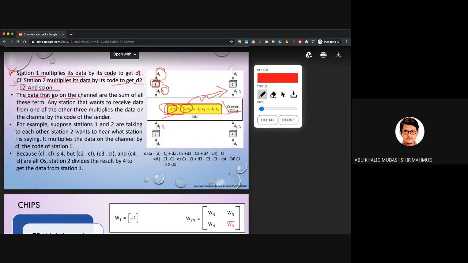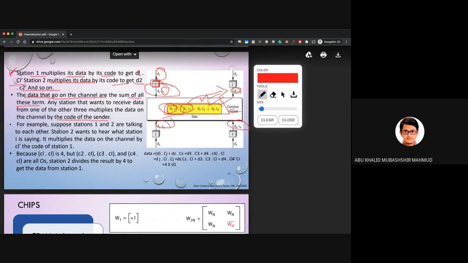The data that go on the channel are the sum of all these terms: D1 C1 plus D2 C2, D3 C3, and D4 C4, passed on the common channel. Any station that wants to receive data from one of the other three multiplies the data on the channel by the code of the sender. This is how it cancels the code word and gets the data.